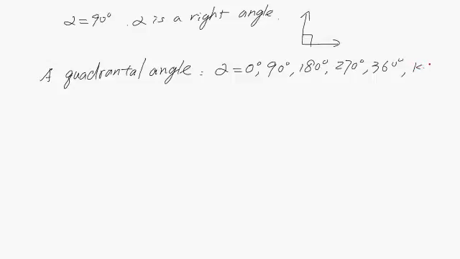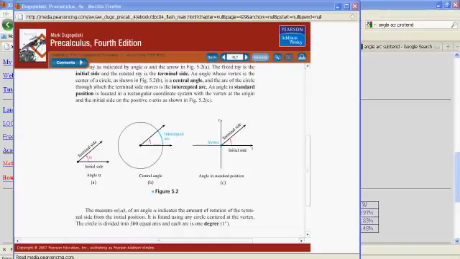So we write this as k times 90 degrees, and here k is an integer, which can be positive or negative or 0. And you look at the angle in the standard position like this.